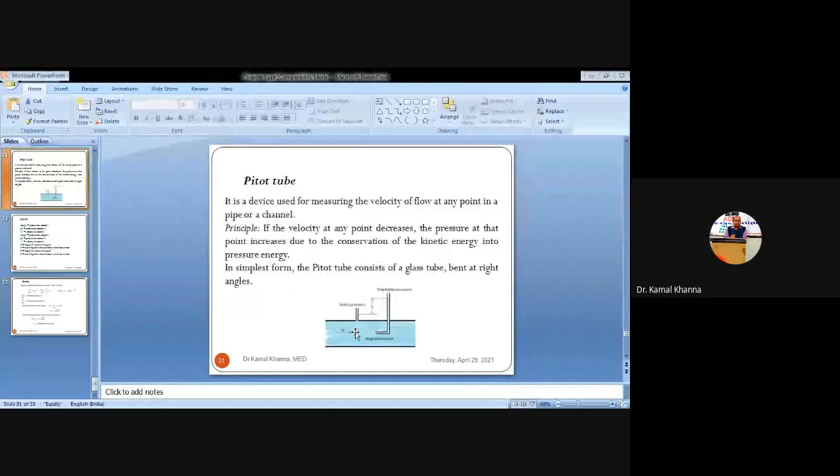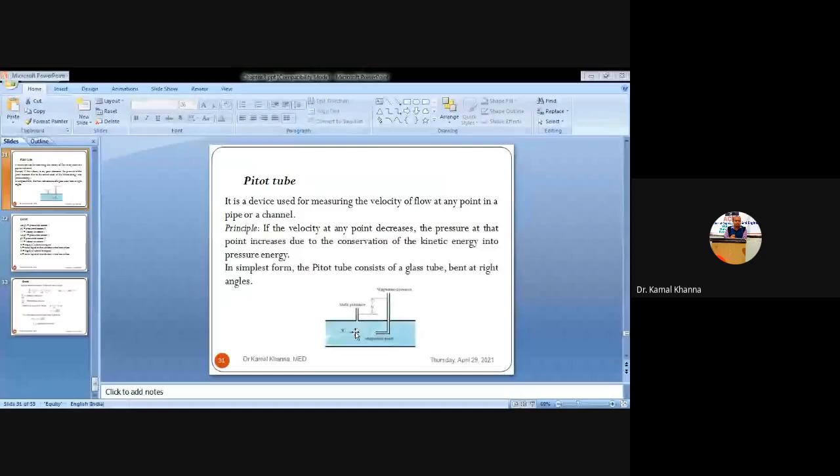So we have pressure energy and kinetic energy at point 1, whereas at point 2 the whole of the kinetic energy is also converted into pressure energy. So the pressure energy has risen, and it becomes equal to h plus capital H.